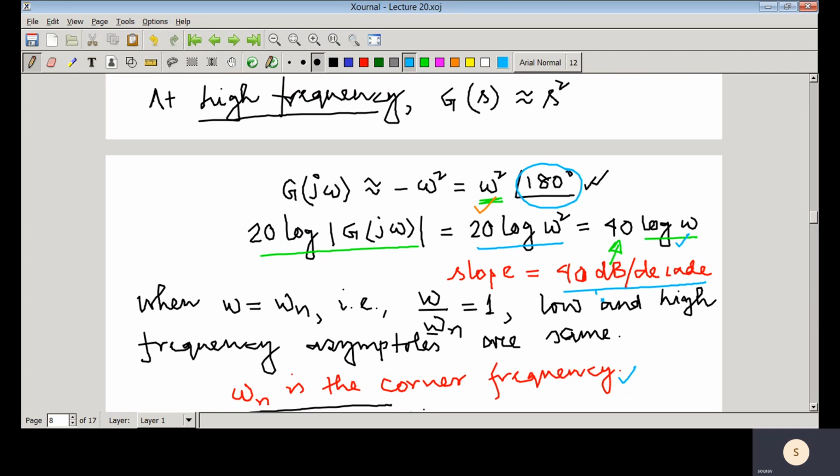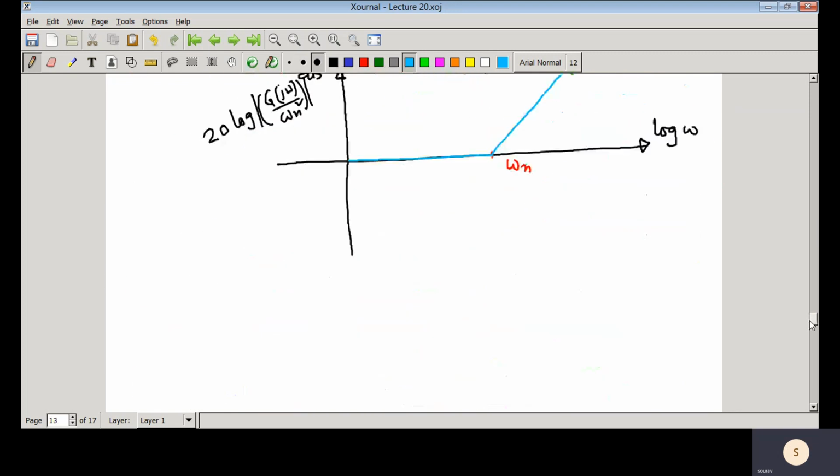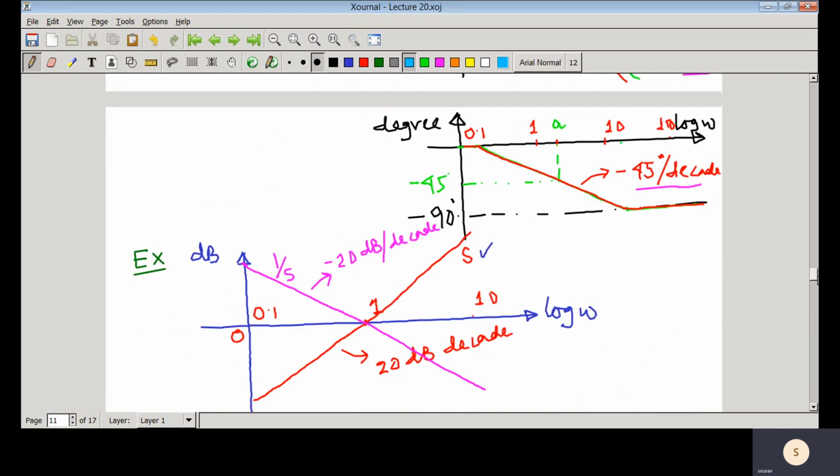So here we have seen that the slope is 40 dB per decade. So this is that asymptotic Bode plot.